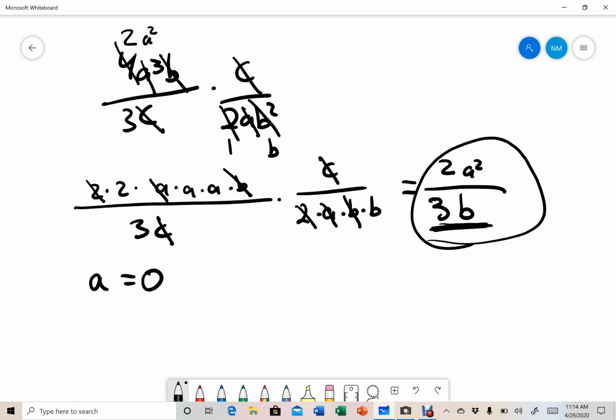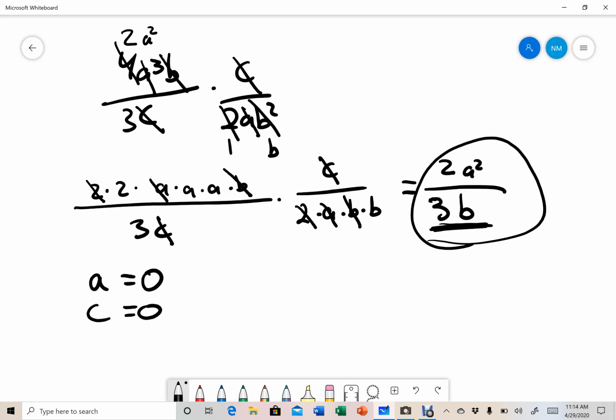So a has been canceled. It's not in my final denominator. It's in my numerator, but that doesn't matter. It has to be in my denominator, okay? So if a is not in my final denominator, and a has been canceled, then a equals 0, okay? Same thing with c. C is going to equal 0 because c has been canceled and is not in my final denominator.